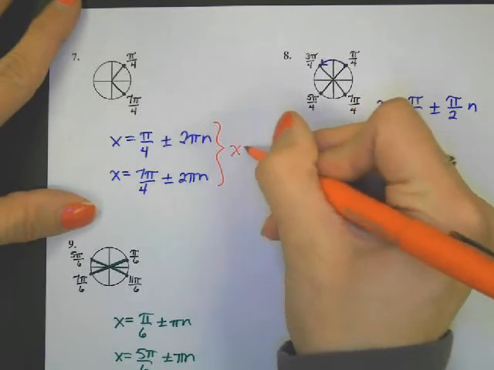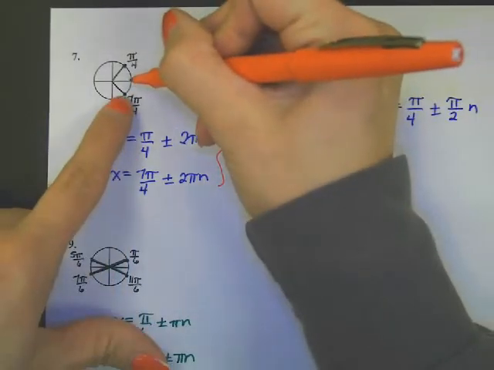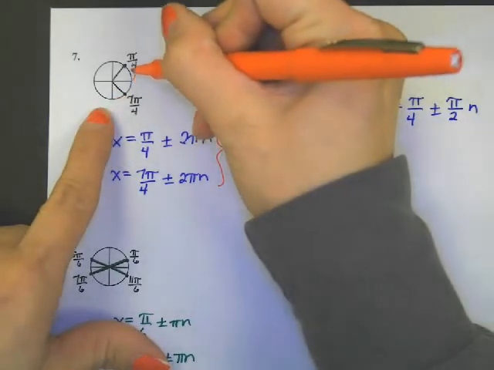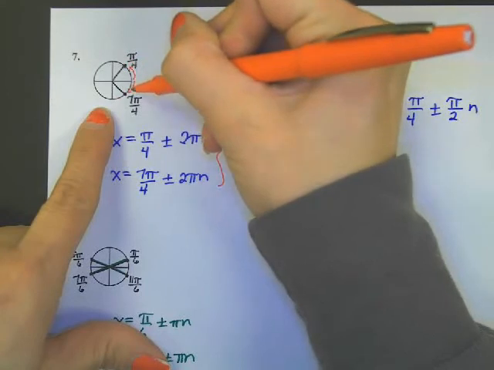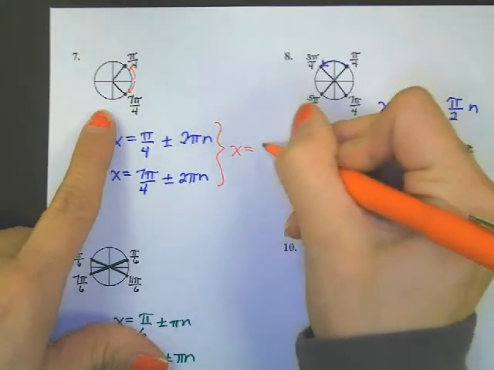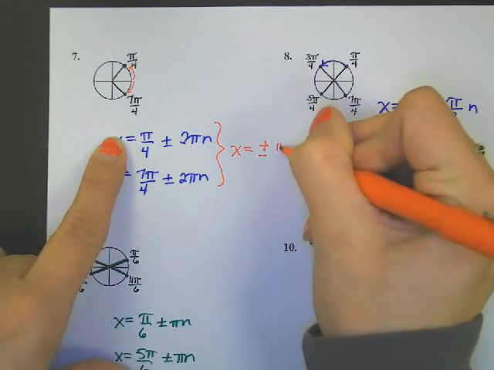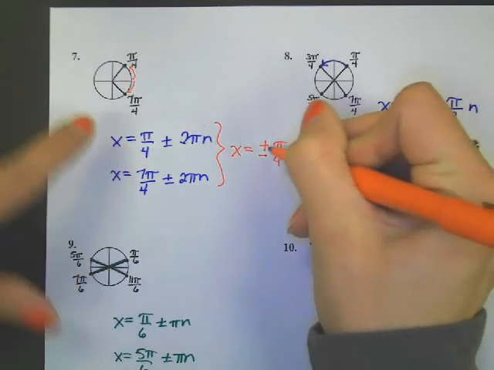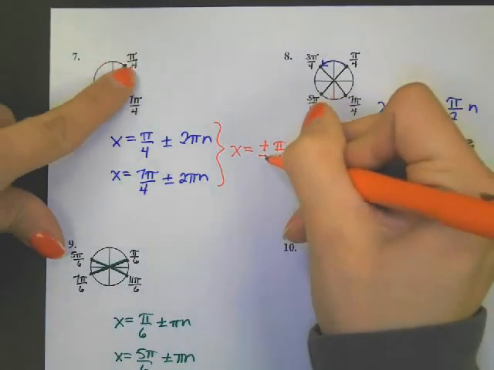If we start by going up or down a distance of pi over 4, and then after you go up, you swing around, or if you choose to go down, then you would swing around a full circle, 2 pi n.